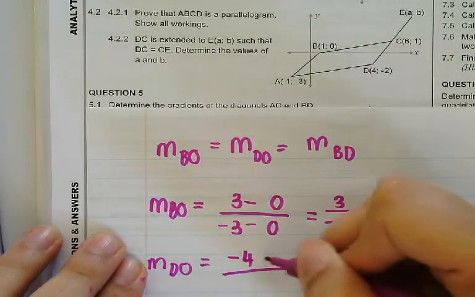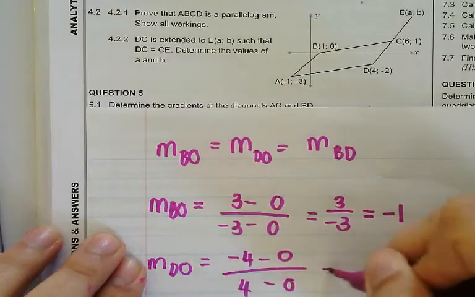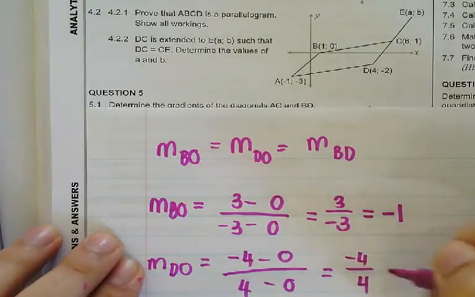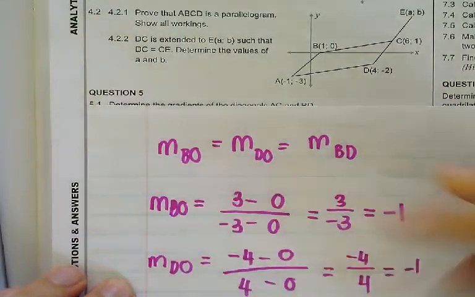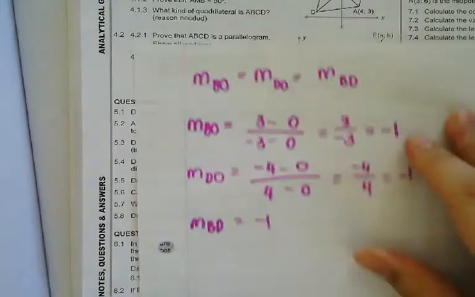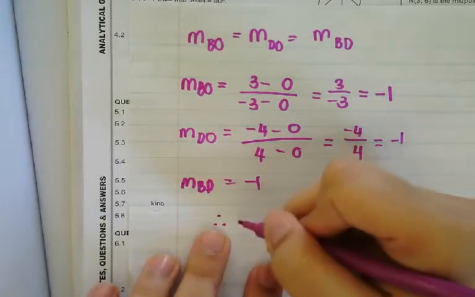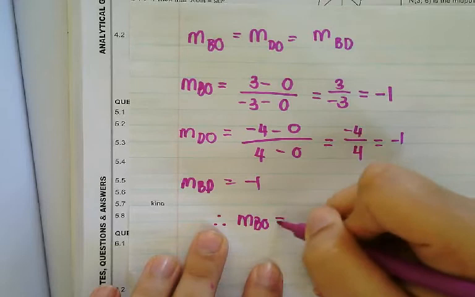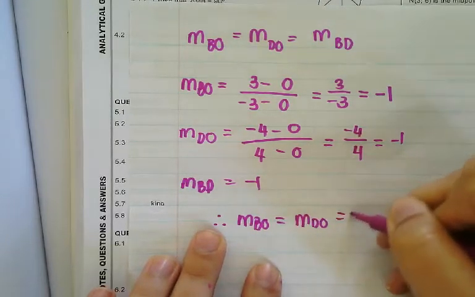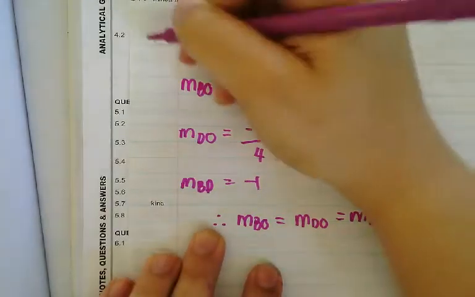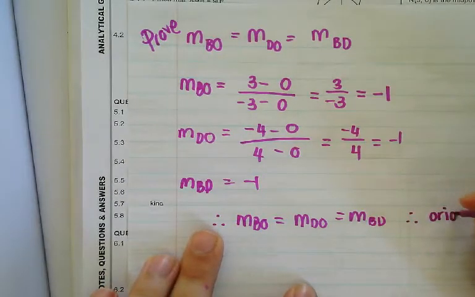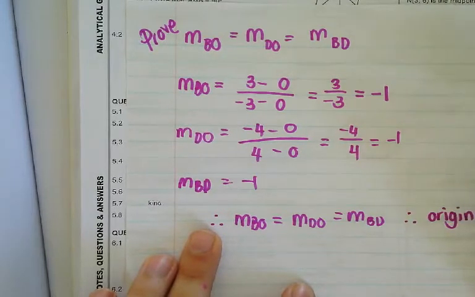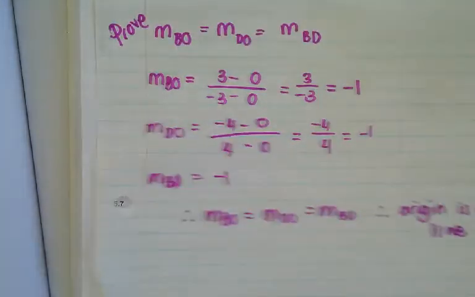My origin is still 0. We already calculated BD. So since all the gradients are the same, that is collinear. So we wanted to prove that. We have now. Therefore, the origin is on the line, because that was the question.